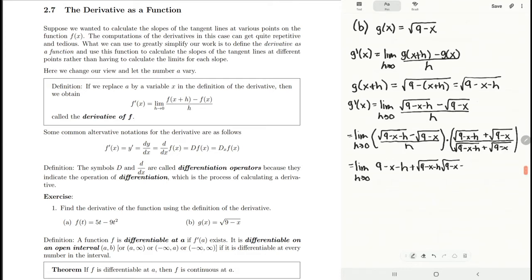We have the minus of root 9 minus x times root 9 minus x minus h. In the last terms, we have negative bracket 9 minus x. And that's all divided by h times the root of 9 minus x minus h plus the root of 9 minus x.